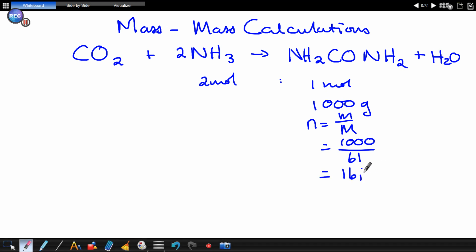Ladies and gentlemen, you've given us 3 different answers. There should be one answer. 1,000 divided by 14 plus 2 plus 12 plus 16 plus 14 plus 2. Apparently this is 60 and not 61.